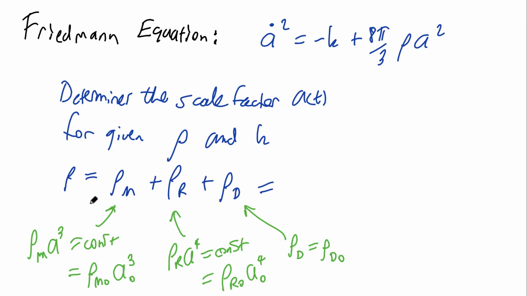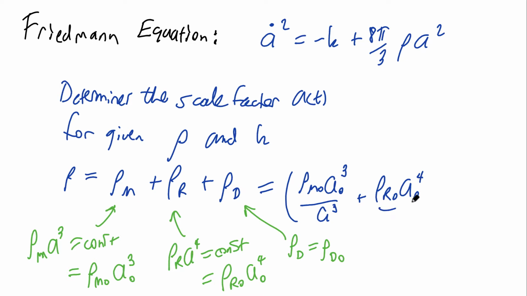And now we can write the total energy density as rho sub m0 times a0 cubed over a cubed plus rho sub r0 times a0 to the fourth power over a to the fourth plus rho d0.